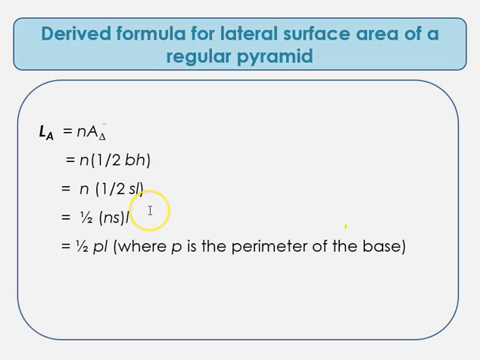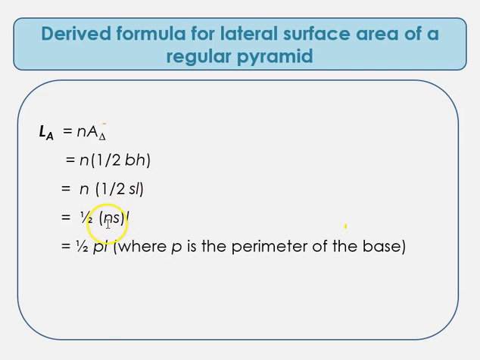But now, according to the drawings we've been using, instead of a base, we're using side, and instead of height, we're using slant height. So now the formula will be n, the number of triangles, times 1/2 SL, which is now the area of the triangle.